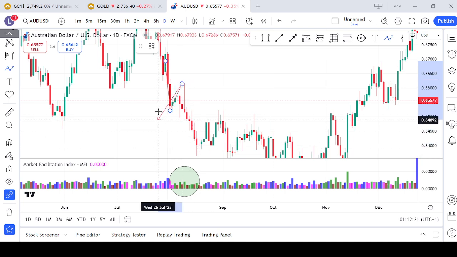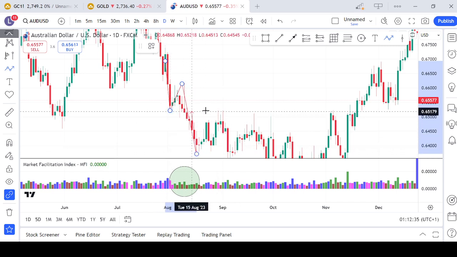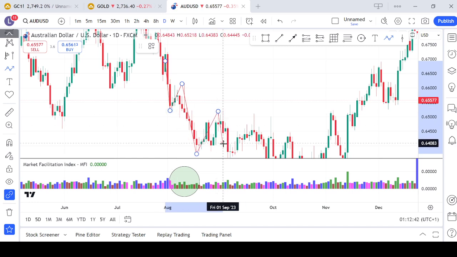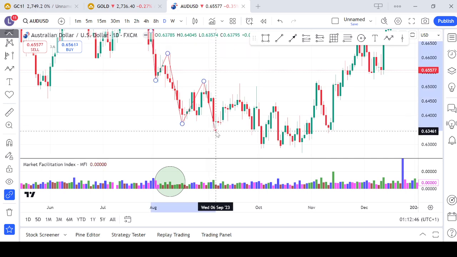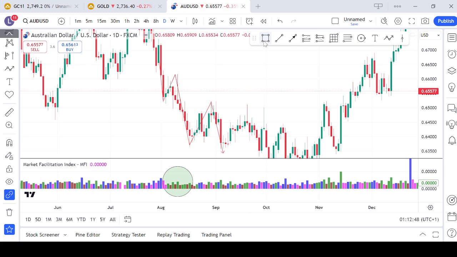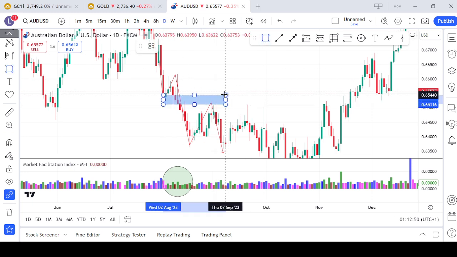You can see that price broke structure right here, came back and retested this support level to continue in the downtrend, because the green bars indicate that the downtrend is a strong one. You can see that this support turned resistance.